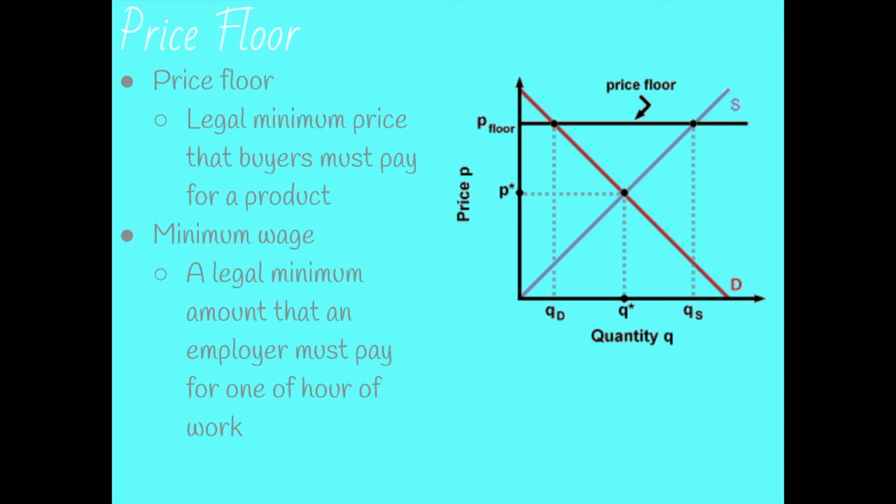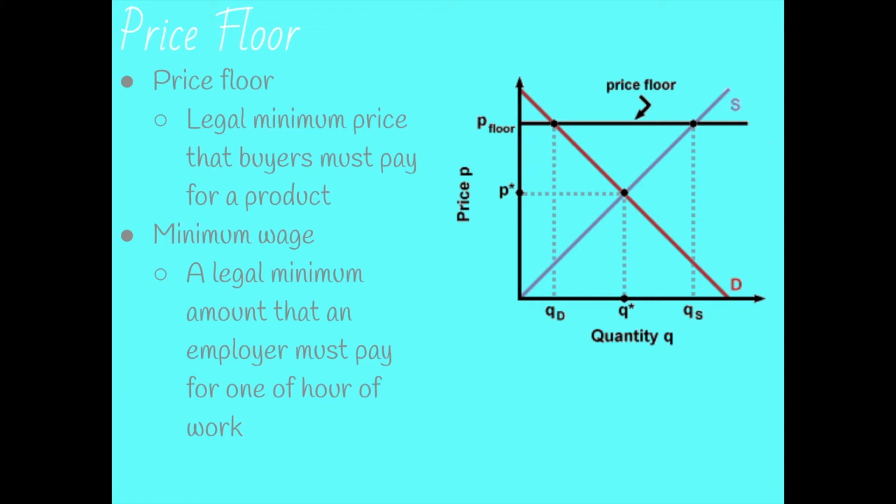But the federal, state, or local government has come in and said, no, no, no. You're going to start wages at this price, even though equilibrium is underneath it. So you could say the price floor right there is $7.25, whereas maybe equilibrium would actually be $4.25.